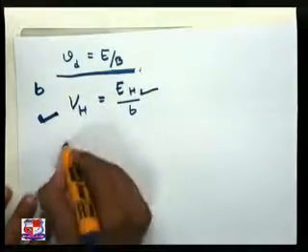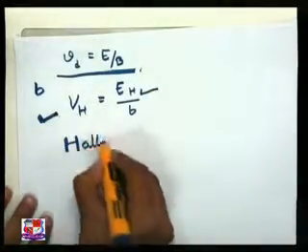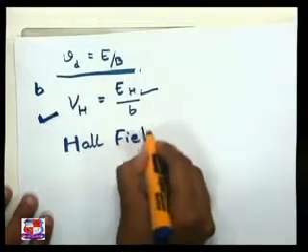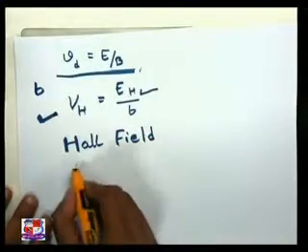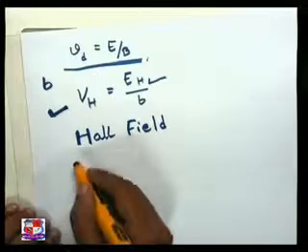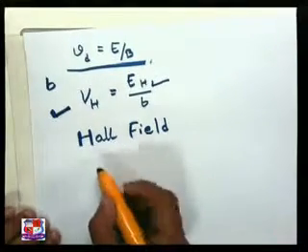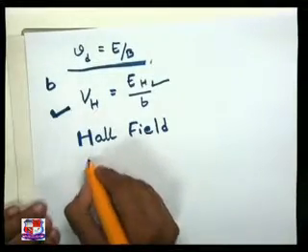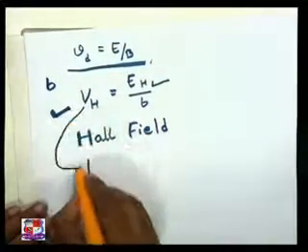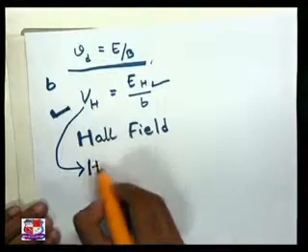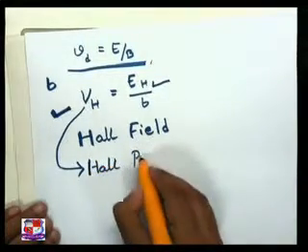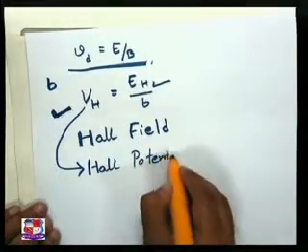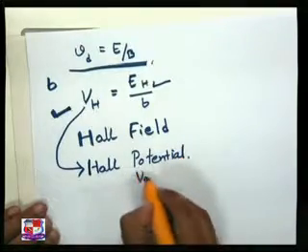EH is called the Hall field. This effect was discovered in 1879 by the scientist Edwin H. Hall, and that's why it is called the Hall effect. This potential is known as the Hall potential or Hall voltage.